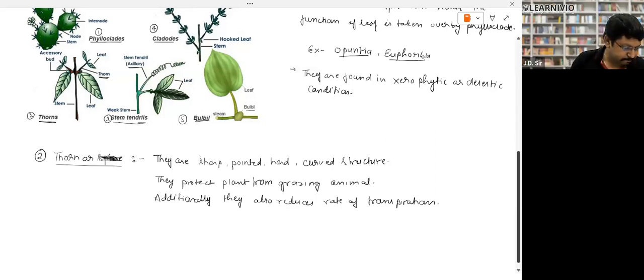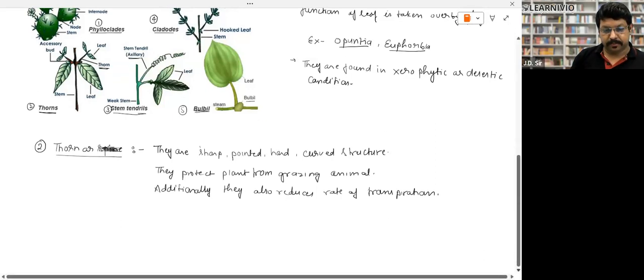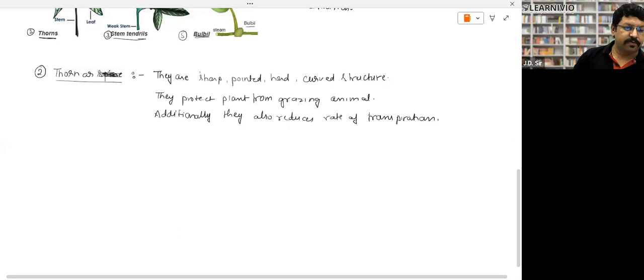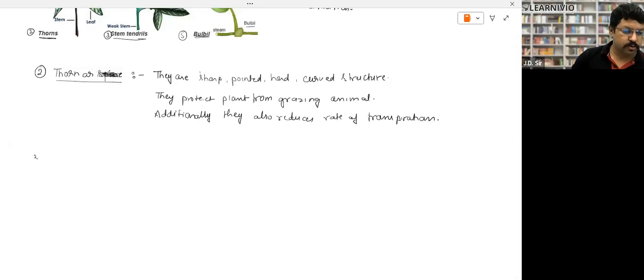Then, okay, tendrils. Next one is tendrils. Stem tendrils or tendrils, whatever you can write, because there are some leaf tendrils as well. So the third one is stem tendril.